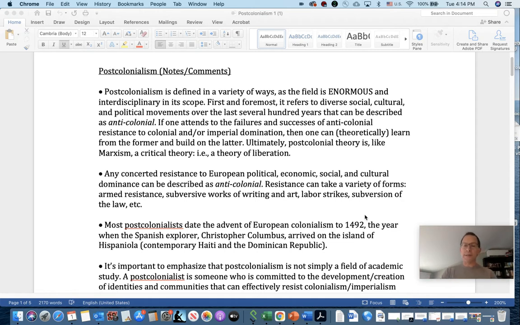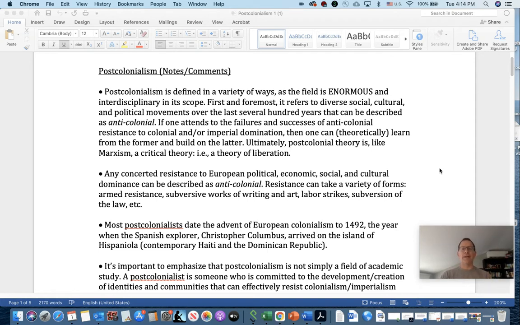Most postcolonialists or postcolonial historians, indeed many historians, not just postcolonial historians, date the advent of European colonialism to 1492, as you may remember from middle school or even elementary school, the year that Christopher Columbus sailed the ocean blue. When he discovered, as the history books oftentimes say, the New World, right?